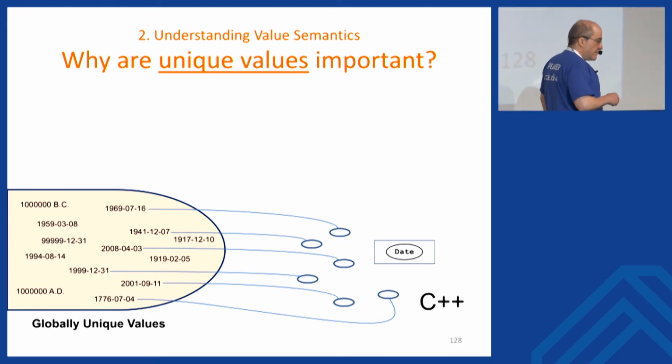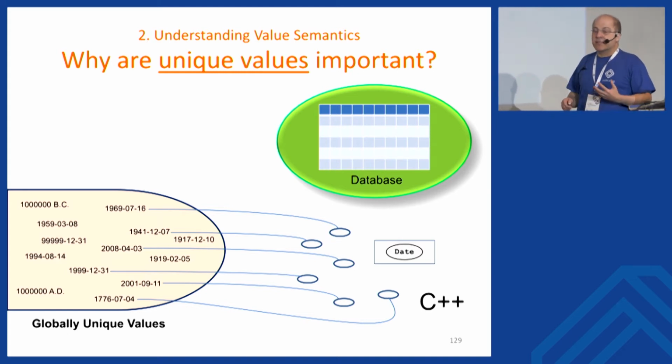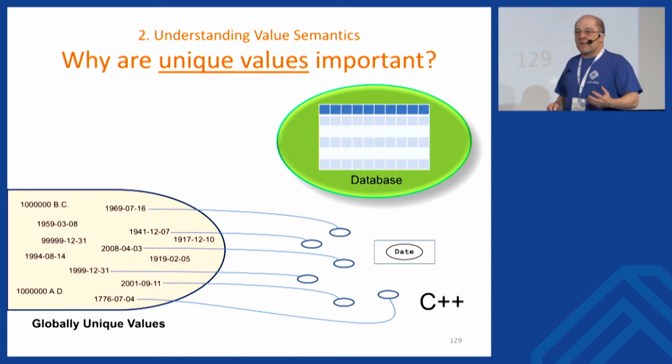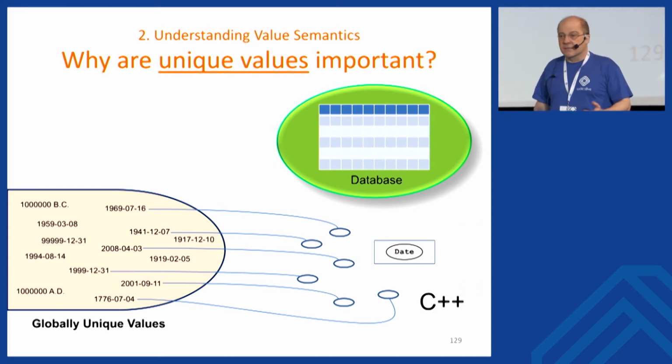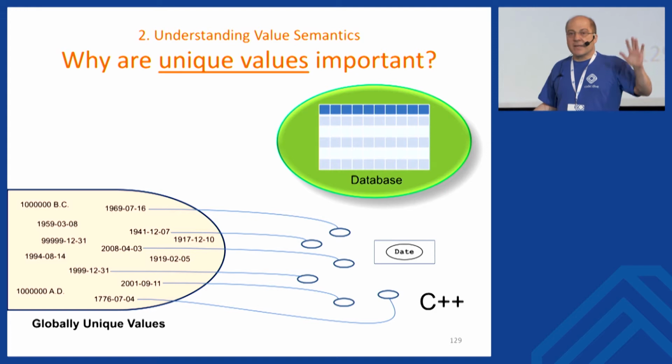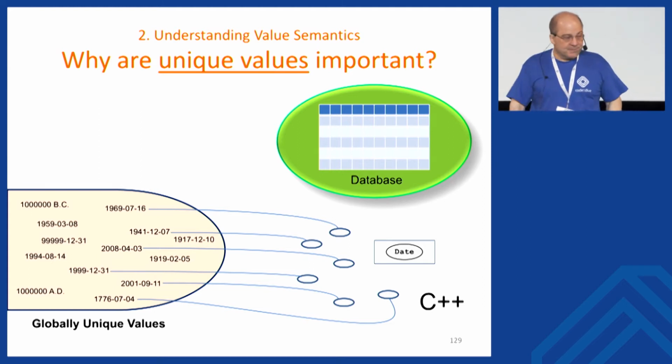Now, if I have a database and I want to save those dates to the database, how many people think they're represented the same way as they are internally in a C++ date class? Anybody think they might be represented differently? Yes. How might they be represented differently? Who knows, right? Could be completely different.